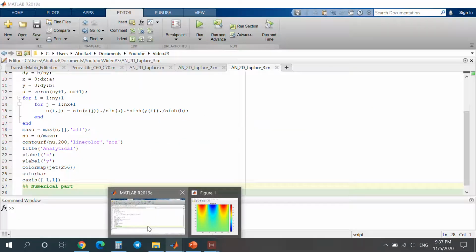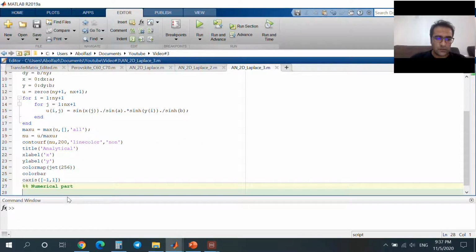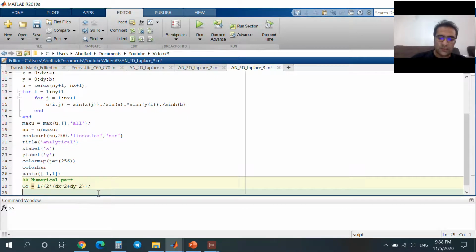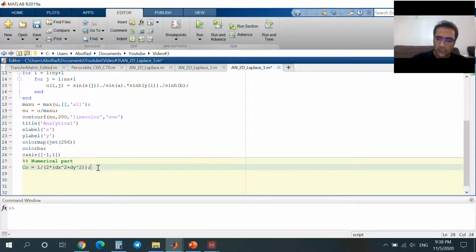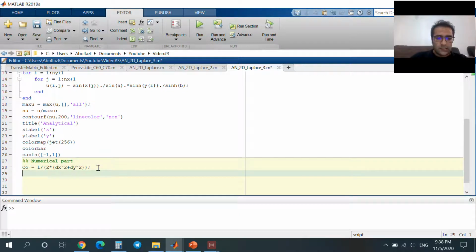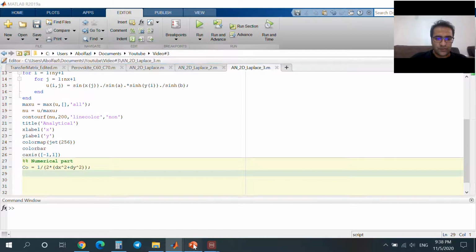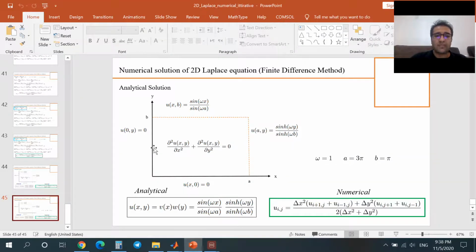So I define it as a coefficient, I call it CO. This is just 1 divided by 2 times (dx squared plus dy squared), right? Let's define the boundary condition.